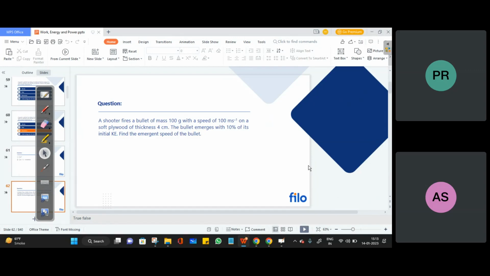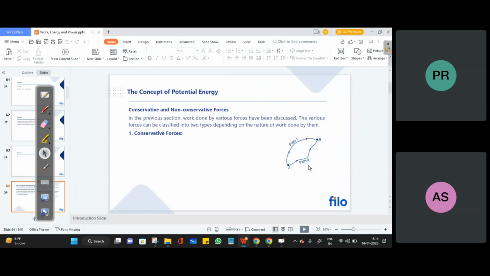Why are you saying energy given to the body? No one is giving energy to the body. The body already has that energy because it is moving, and no one started it because it was already moving.